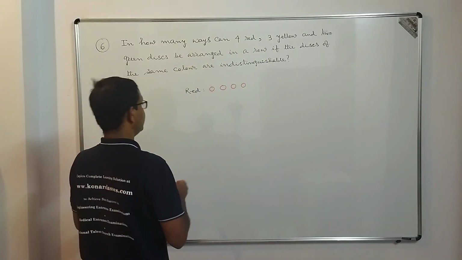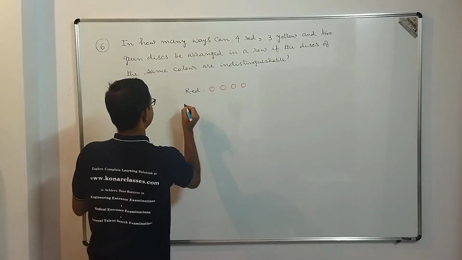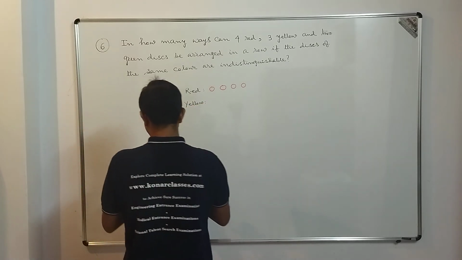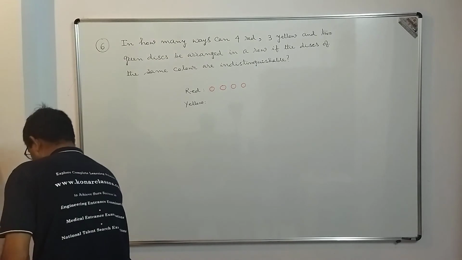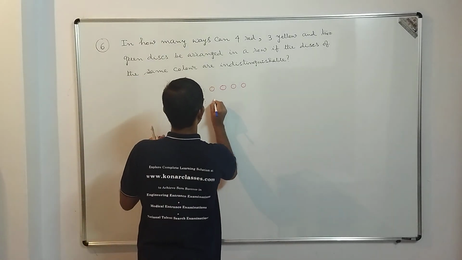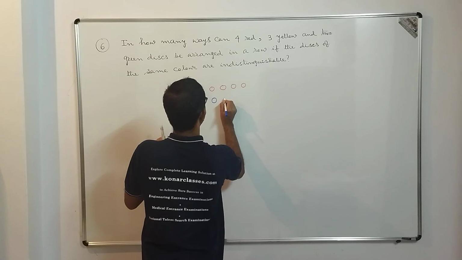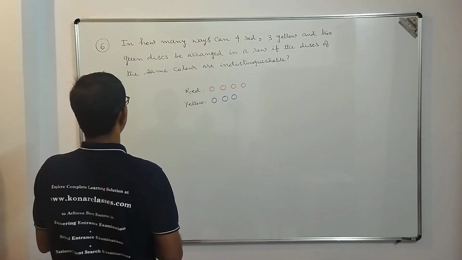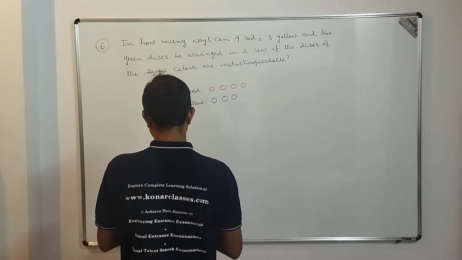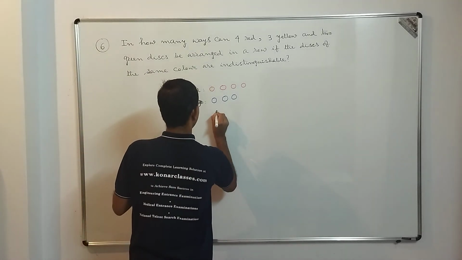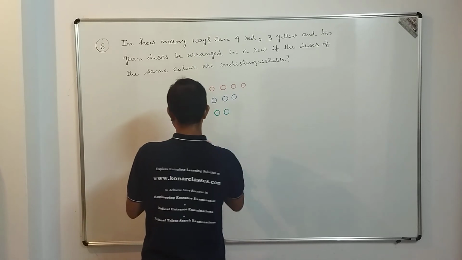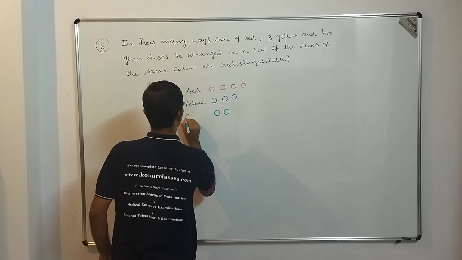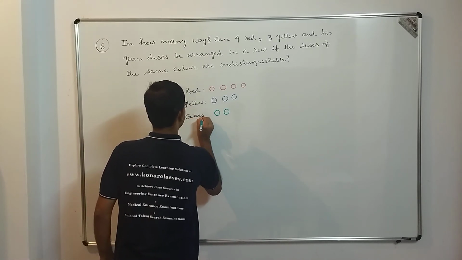Then comes yellow, but I don't have a yellow color marker, so let me represent it by blue, 3 discs. And 2 green discs, so green will be like this, 2. So these are green.